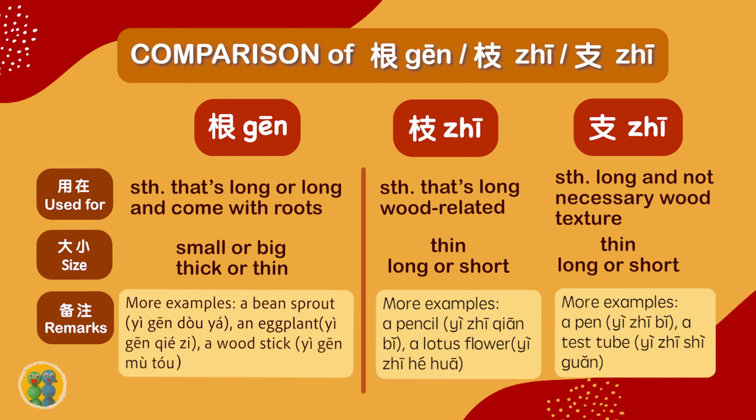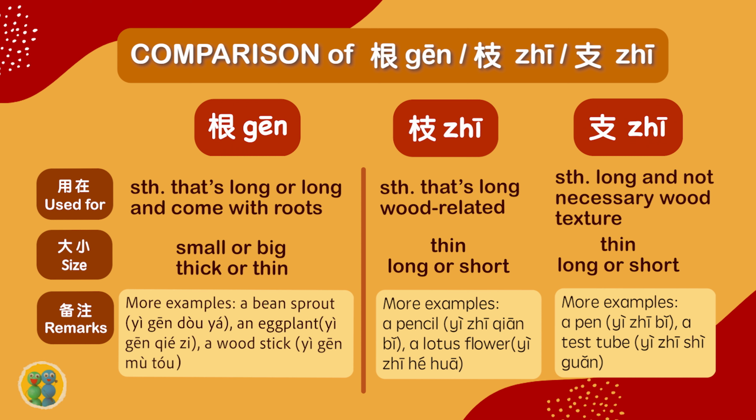And the next measure word is 支, the 支 without a wood radical. This 支 is used for something that's long, but not necessarily wood texture. And the size can be thin, long, or short. We can see examples here to make the concept clearer, such as a pen. 一支笔.